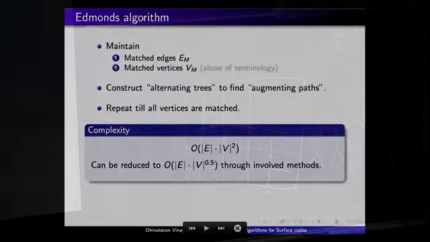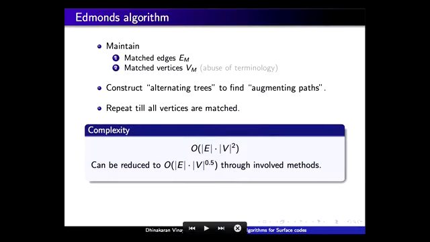So you start with a particular unmatched vertex, and then you construct a tree starting from this vertex such that every path from root to leaf alternates between unmatched and matched edges. Okay? And I just want to tell you this because you don't need to know exactly how this works. I mean, you have to do something more when there is an odd cycle in this graph, and you have to do something even more when the edges are weighted.